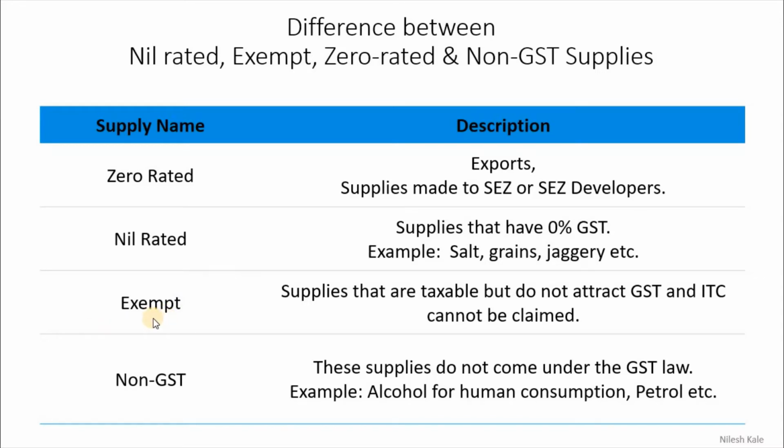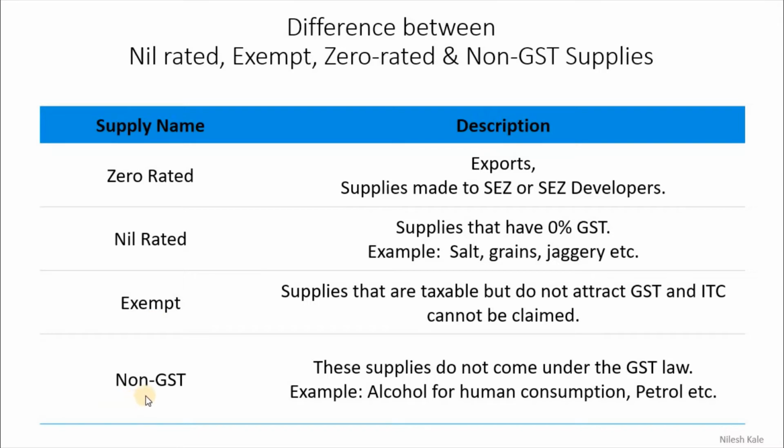Exemptions are given for a time limit, and if that time limit exceeds, then automatically exempted supplies become taxable supplies, or as notified by the government. The GST council or the government can, through a notification, give the list of exempted goods and services.